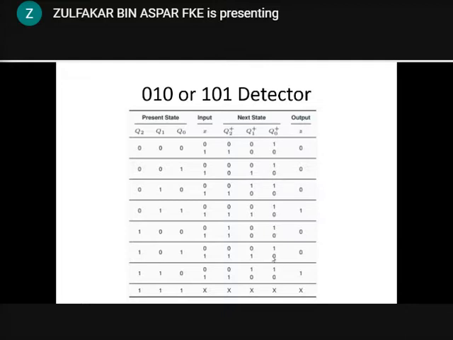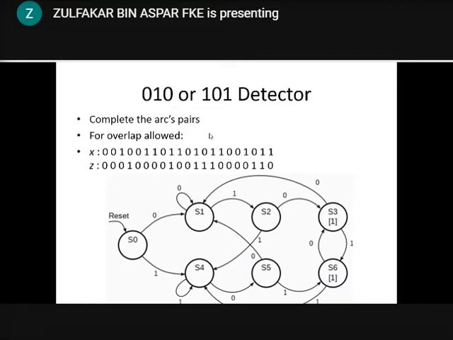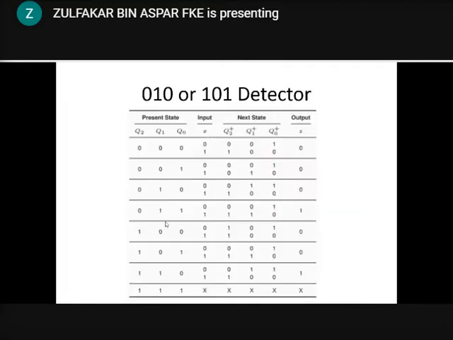All right. Now we have only one input, which is labeled as X. I told you I don't like to use X because you will confuse it with the X don't care. And then based on the state diagram, the present state and input, we complete the next state.